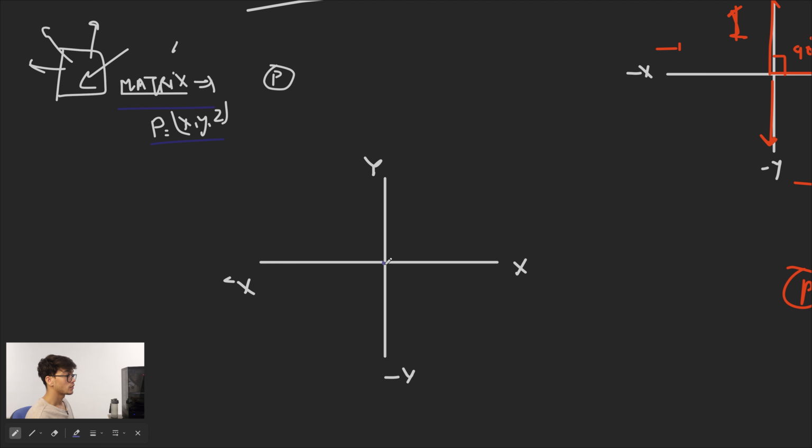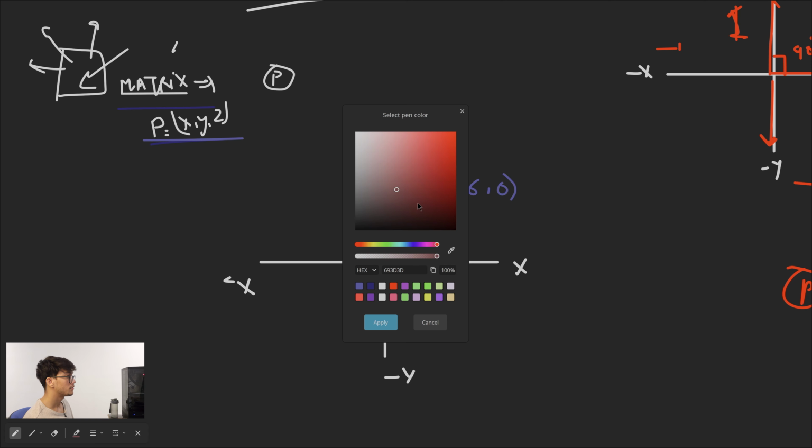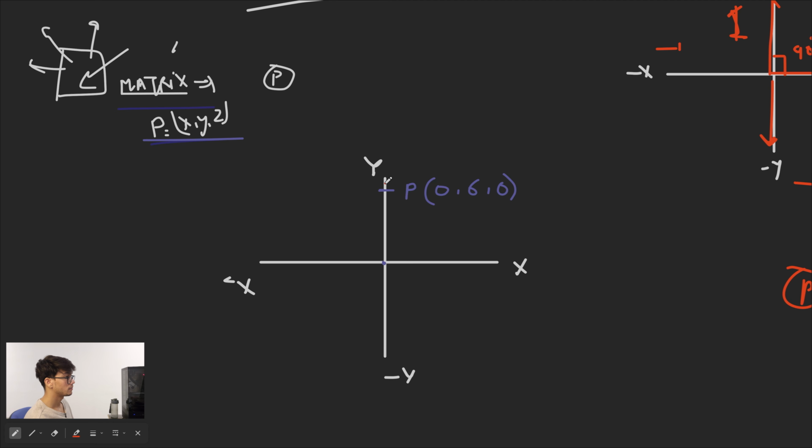Let's say your P point is here, and its point position says 0 in x, 6 in y, and 0 in z. Now I will say red, because red tells us about the local vector.